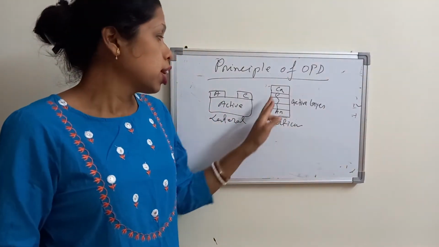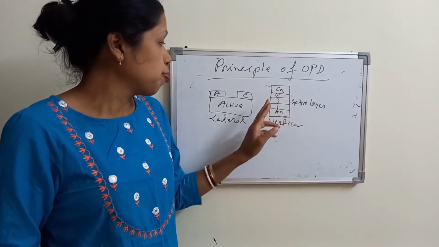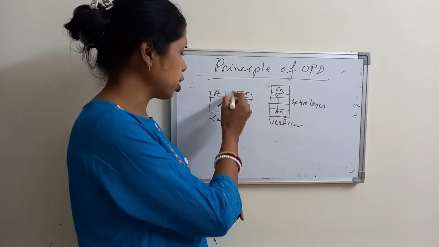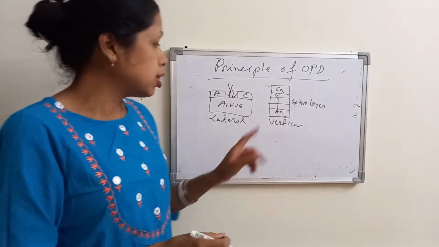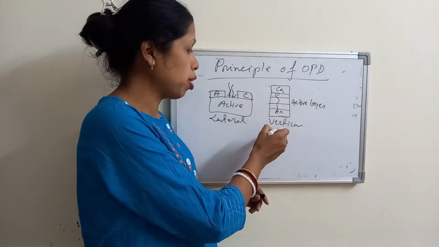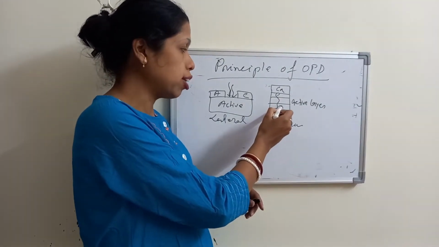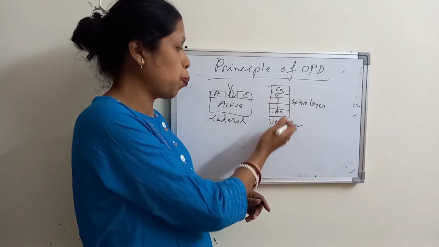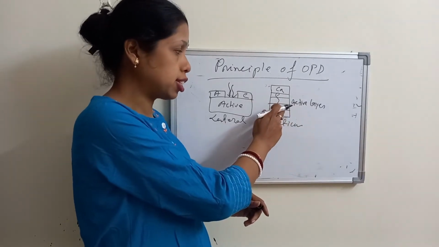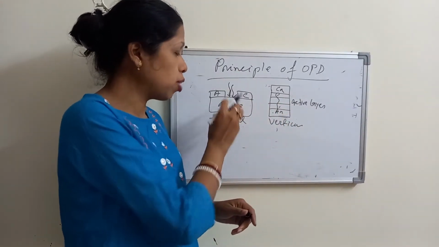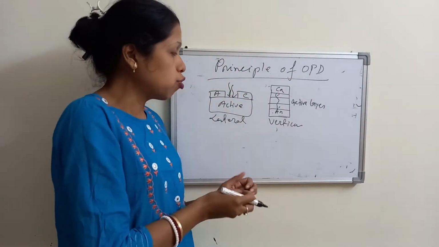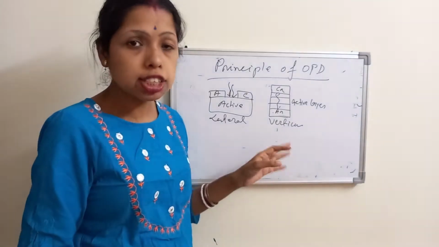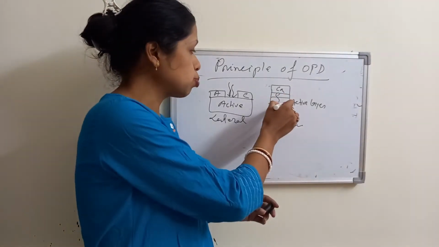Apart from this, in this case the light will directly fall into the active layer, but in this case the light will be transferred through the anode and into the active layer. So proper absorption will not take place in this case, but in this case the active layer directly absorbs the light. If you think about charge transport, this is more efficient.